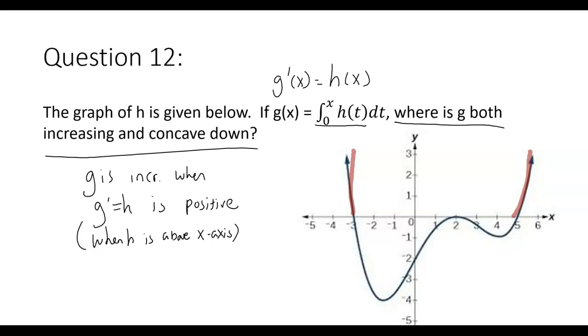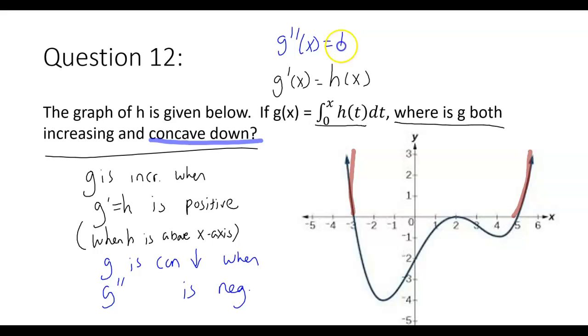Now let's move on to the next part. They also want to know where it's concave down. So g is concave down when g double prime is negative. Well, if g prime is h, then g double prime is h prime.